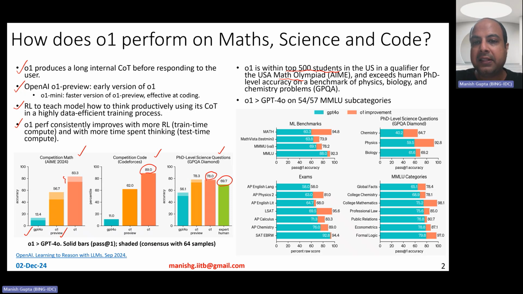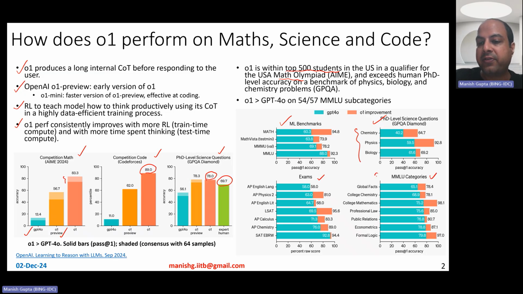Okay. Now, if you also compare with other kinds of benchmarks, there are many other benchmarks. For example, the math-based benchmarks. There are also PhD level GPQA. So more details about the GPQA Diamond benchmark. And then there are other exams they also compared with. There is also the MMLU benchmark, right?